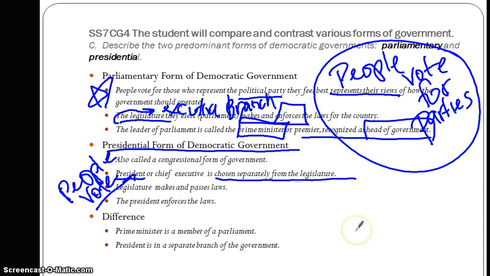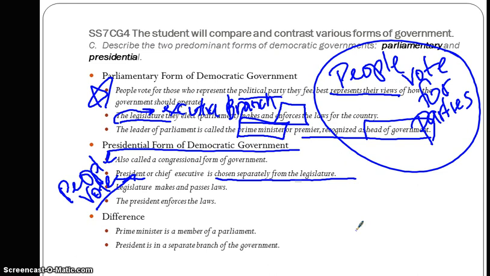The differences between the two. One of them is that the prime minister is a member of parliament, which is, of course, a parliamentary form of democracy, and the president, in a presidential form of democracy, is in a separate branch of the government. He is voted on separately by the people. So we elect the president, then we elect members of Congress.